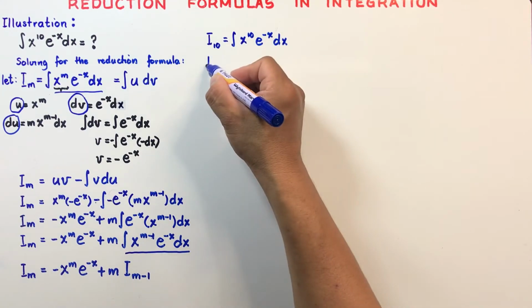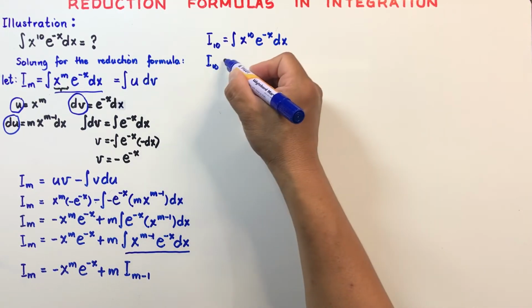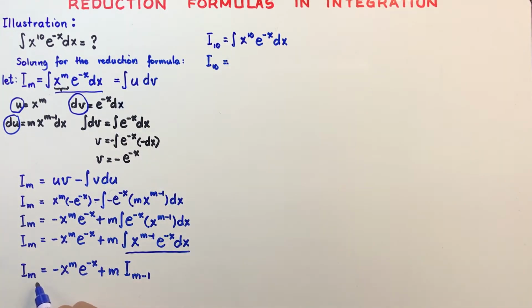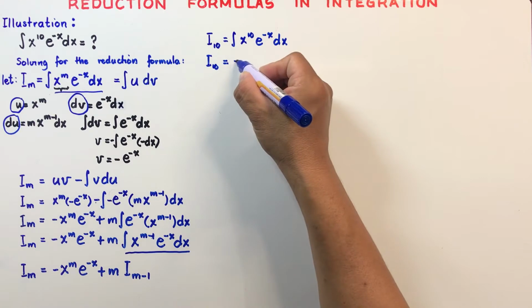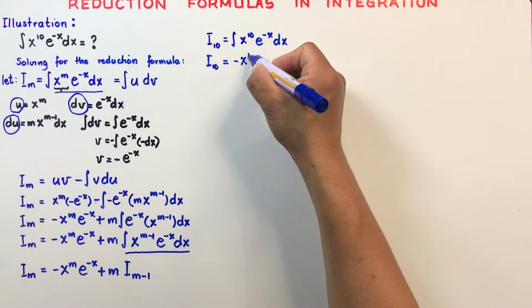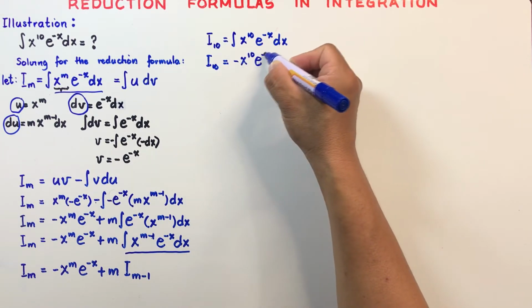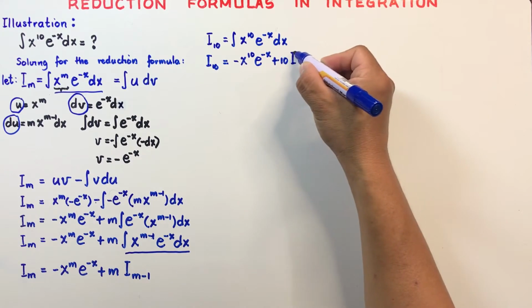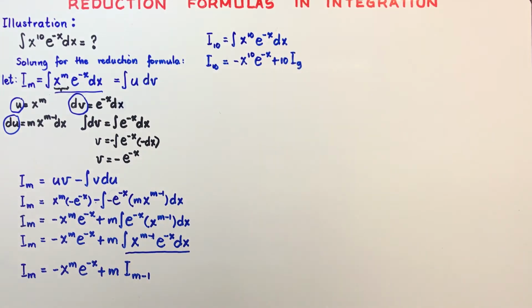And this I sub 10, when applying this formula here, our m is 10, so this becomes negative x to the power 10 times e to the negative x plus 10 times I sub 9, because our m is 10, so 10 minus 1, that's 9.